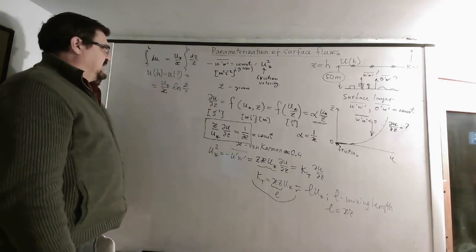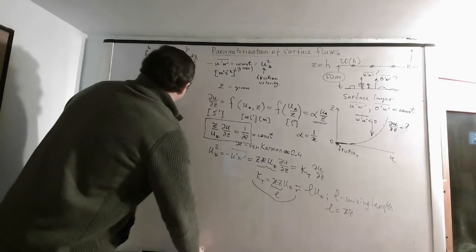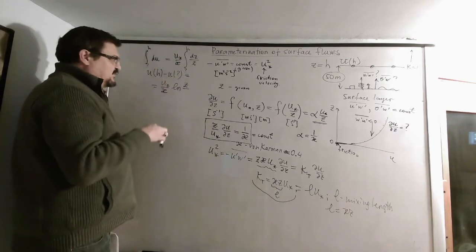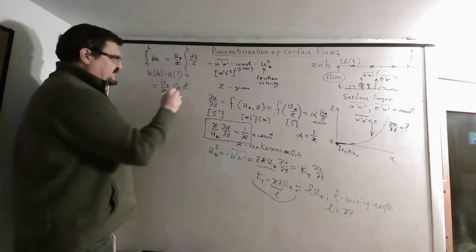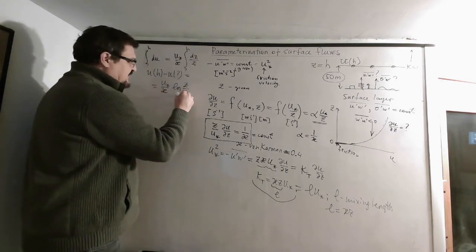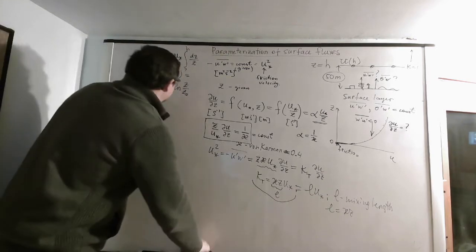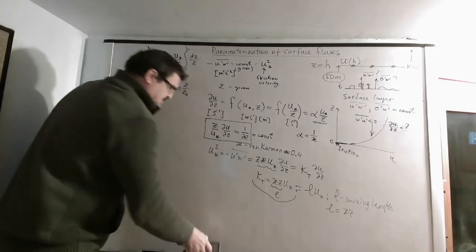So we actually choose such a height at the surface and call it z naught, such that u at z naught becomes 0.